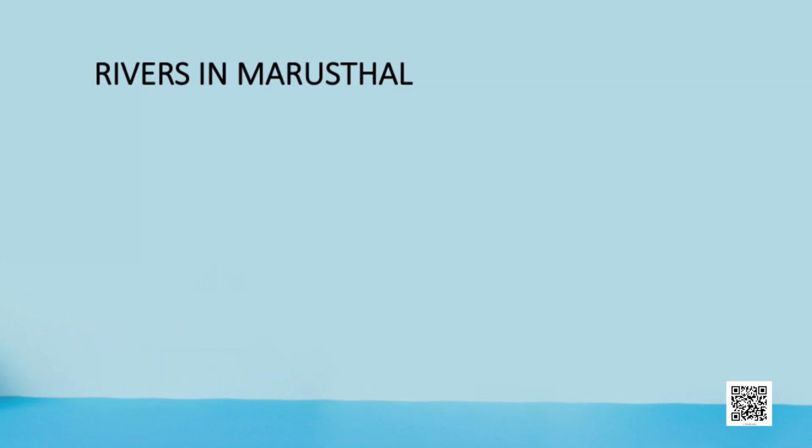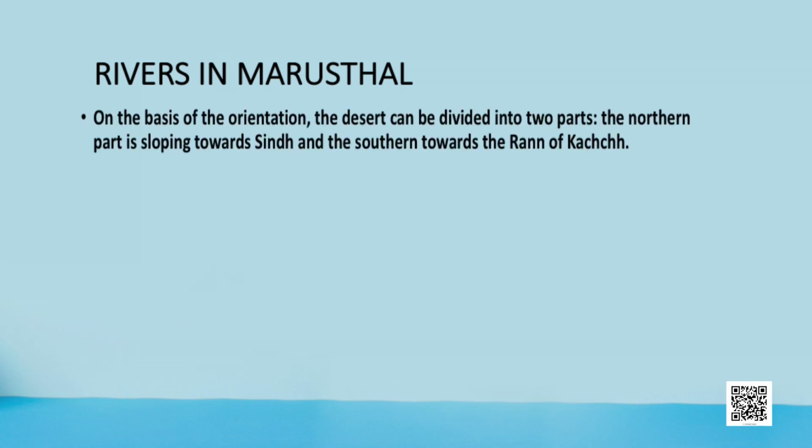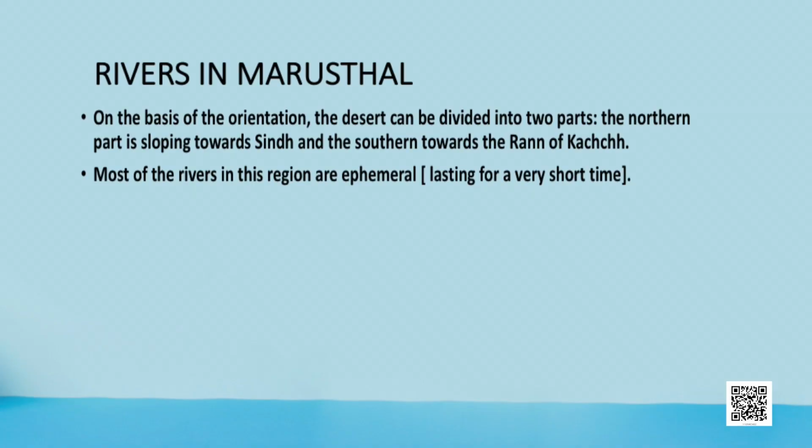Now, let's talk about the rivers in the Marusthali. On the basis of orientation, the desert can be divided into two parts. The northern part is sloping towards the Sindh and the southern towards the Rann of Kutch. You remember, we discussed this Rann of Kutch in our first lesson. Most of the rivers in this region are ephemeral.